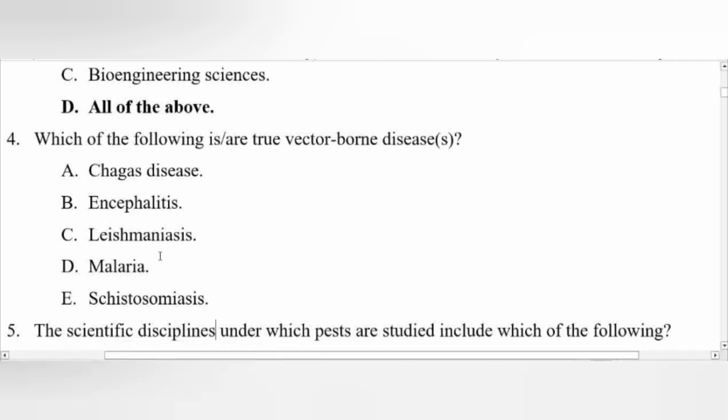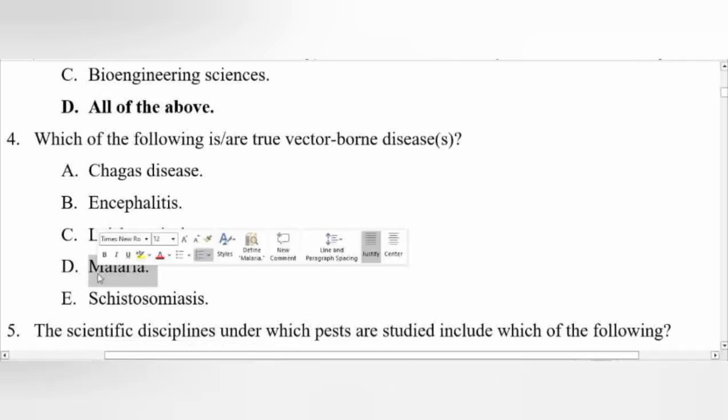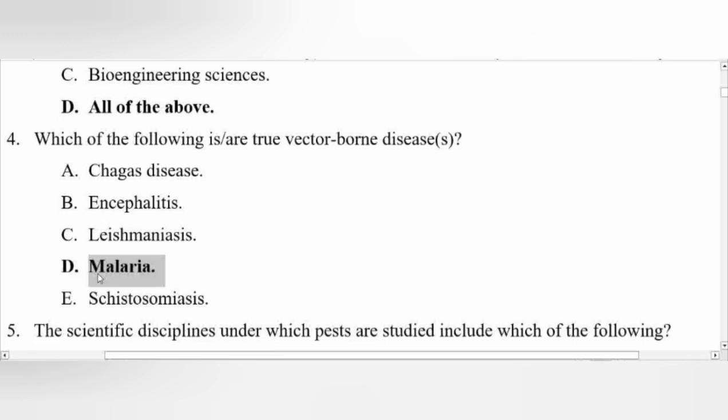Of course, you heard about malaria, and malaria is the most famous of all the vector-borne diseases, especially in the developing world or in Africa. Malaria is a vector-borne disease. It is transmitted by mosquitoes. The mosquito species which tops them all is the Anopheles, and the number one is Anopheles gambiae sensu stricto.